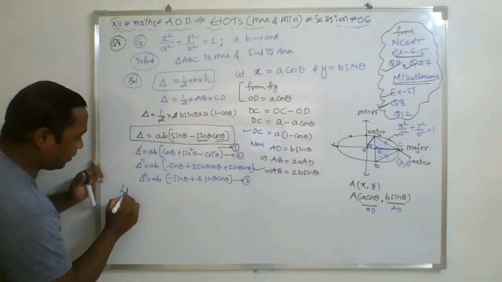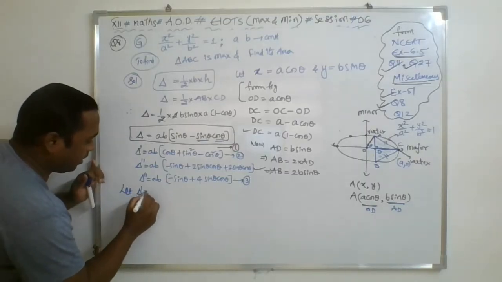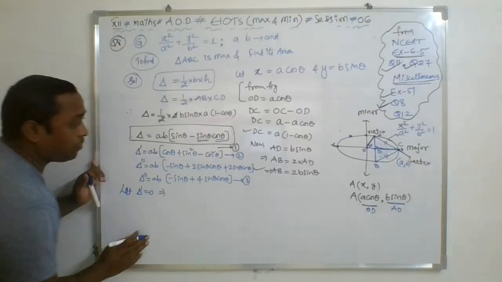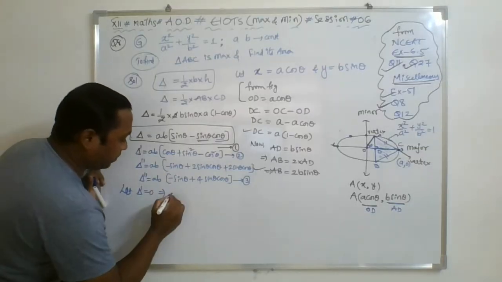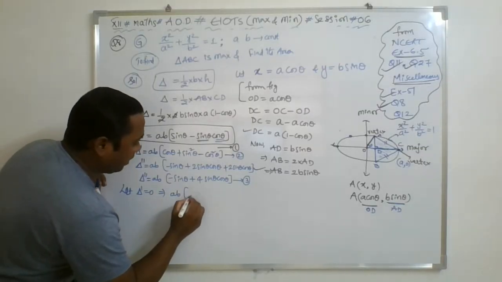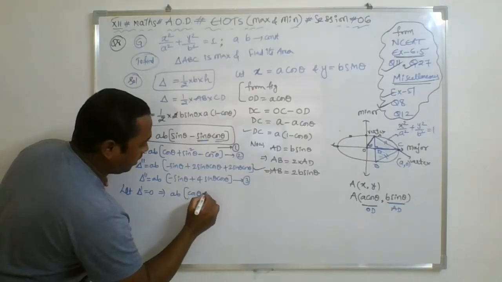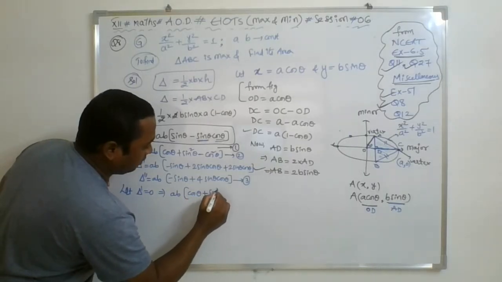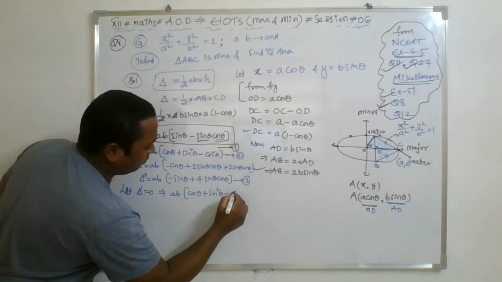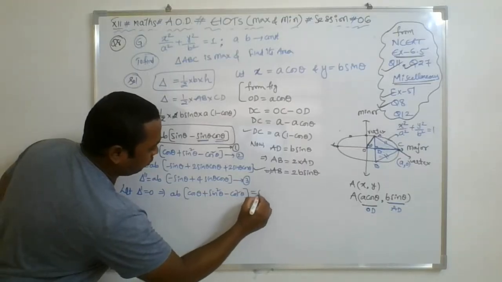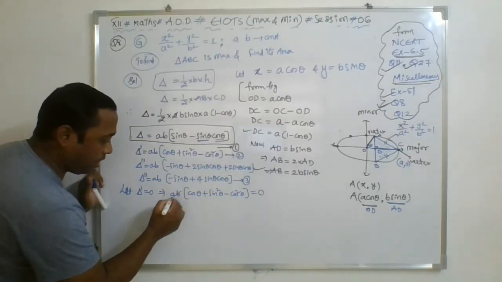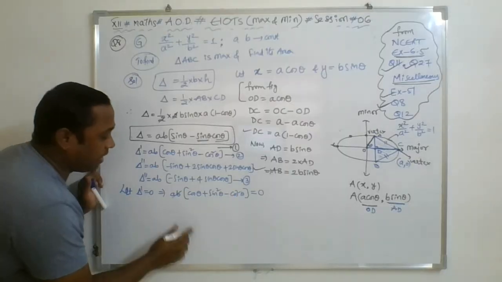And what's the next process? Let the first derivative be equal to 0, which implies AB into cos theta plus sin square theta minus cos square theta equal to 0. So AB will go in the denominator.